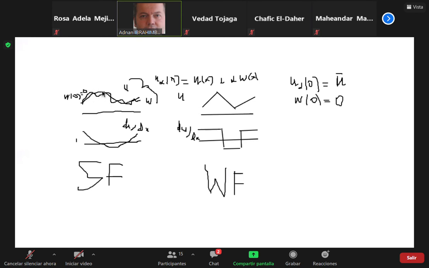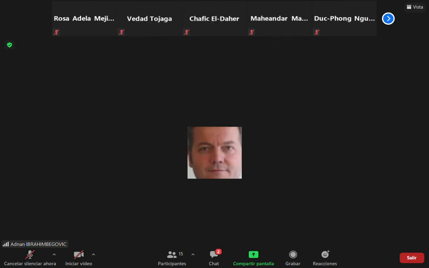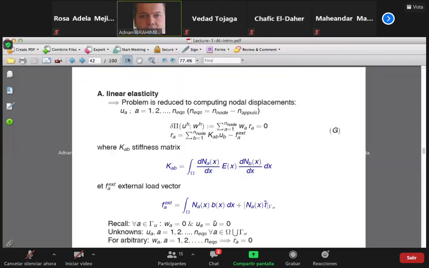The only one which is not arbitrary is W of 0, which is equal to 0. All the others are. So if I go back to my equation here, I can say that all these W_A could be chosen anything I want, and the result should still be valid. How is this possible? Well, the only way this could be possible is if R_A is equal to 0.